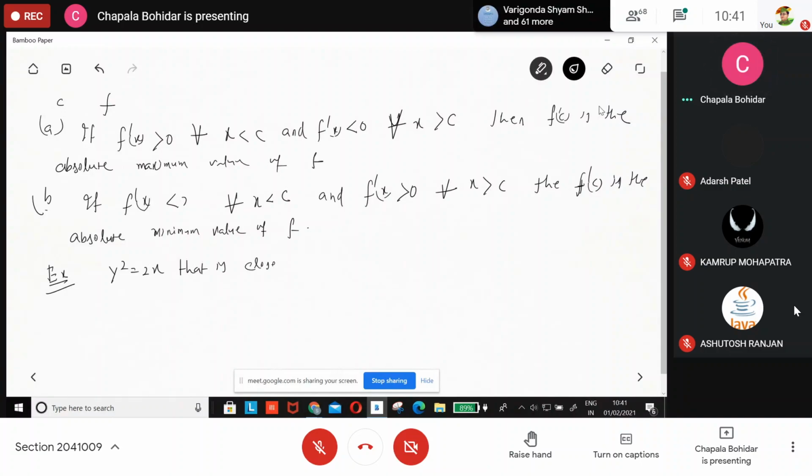Closest means absolute minimum value. The question is asking find the point, not find out the distance value. Closest to the point 1, 4.